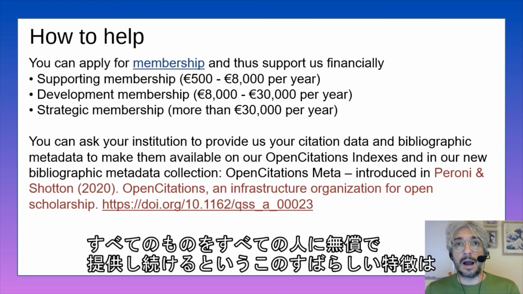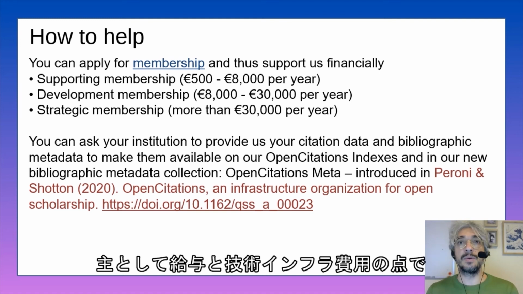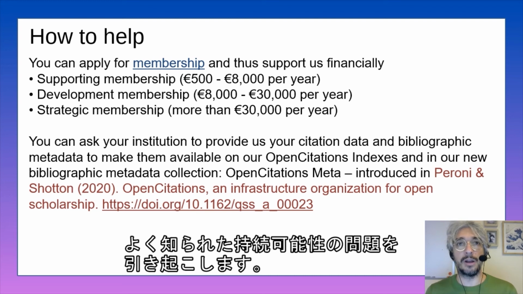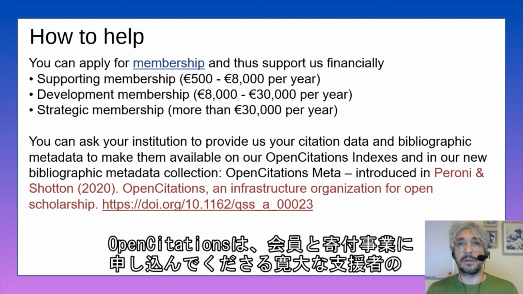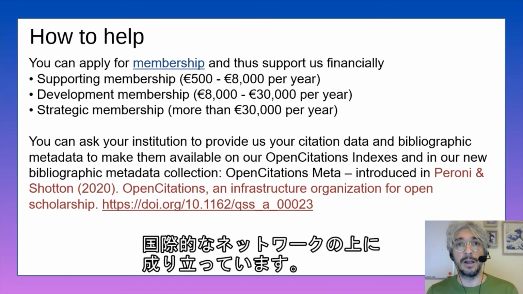This undeniable aspect of keeping everything free for all leads to an acknowledged sustainability issue, principally in terms of salaries and technical infrastructure costs. OpenCitations can rely on an international network of generous supporters that apply for membership and donation programs.